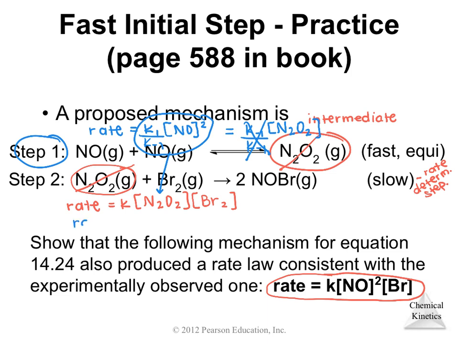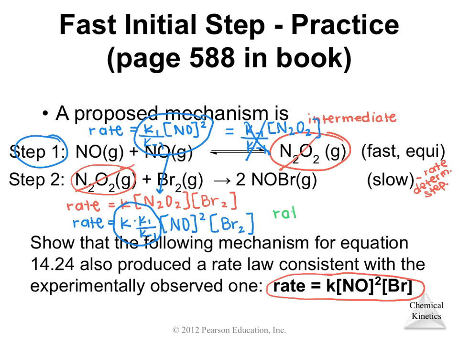So rate is equal to k, and then I'm going to do k1 over k minus 1 NO squared Br2. Okay. All of these k's here are going to combine to one rate constant. So I'm going to rewrite this, my final answer here.